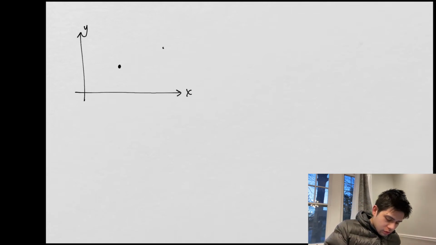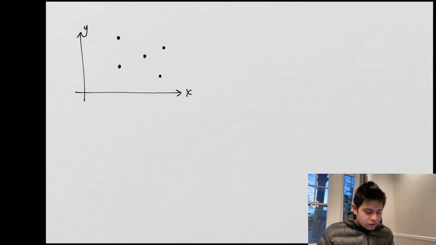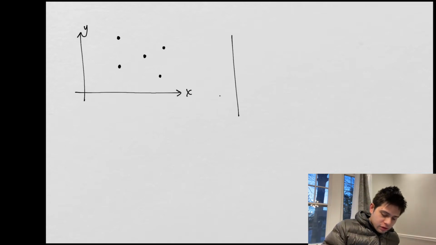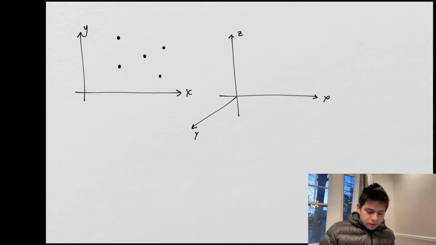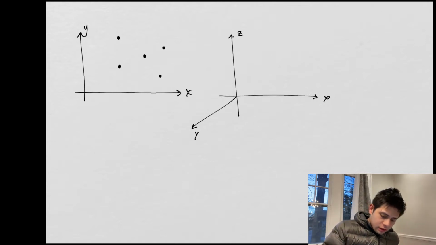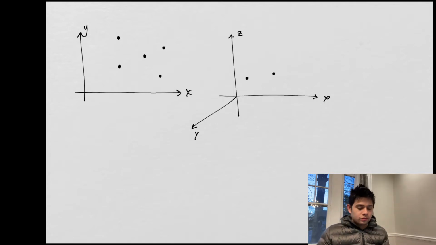So we could pick any point here, and each point represents a location in space. We can do this in 3 dimensions also. So we have our x, our y, and our z, and these are all spatial coordinates. So these are all ways to depict space.